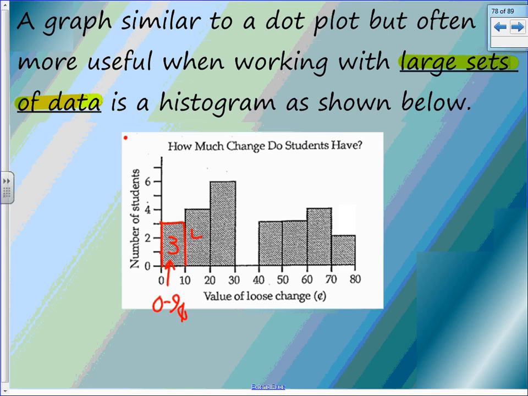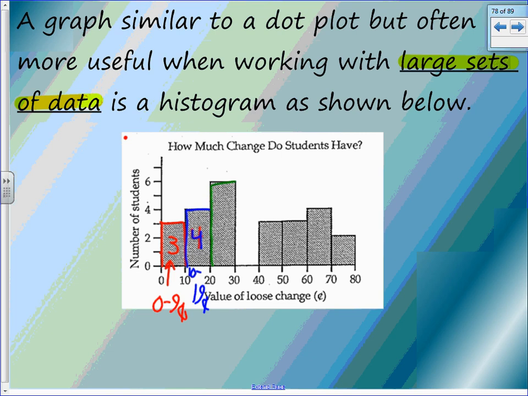Now this bar, which is 4 high, which I'll do in a different color, this includes those that have 10 cents, 11, 12, all the way to 19. So this is 10 through 19 cents. And then in the next bar, you include those that have 20 or more.